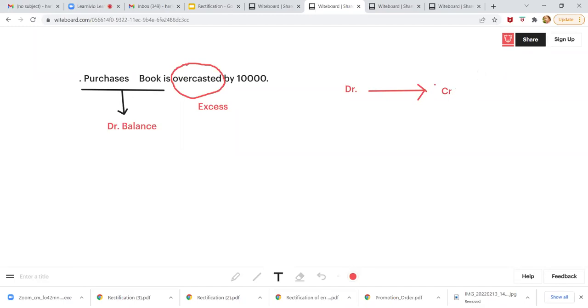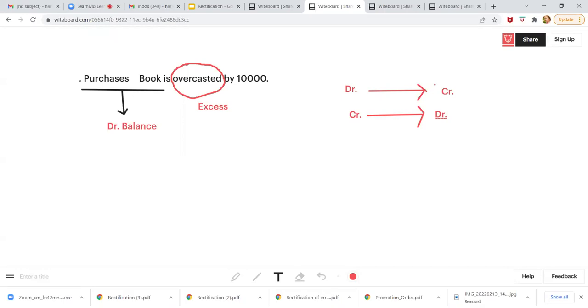And let's say we have the sales account, or sales book, its balance is a credit balance. If it is overcasted, then we will debit it to nullify the effect of the overcasted sales book. So in this question we will credit the purchases book.